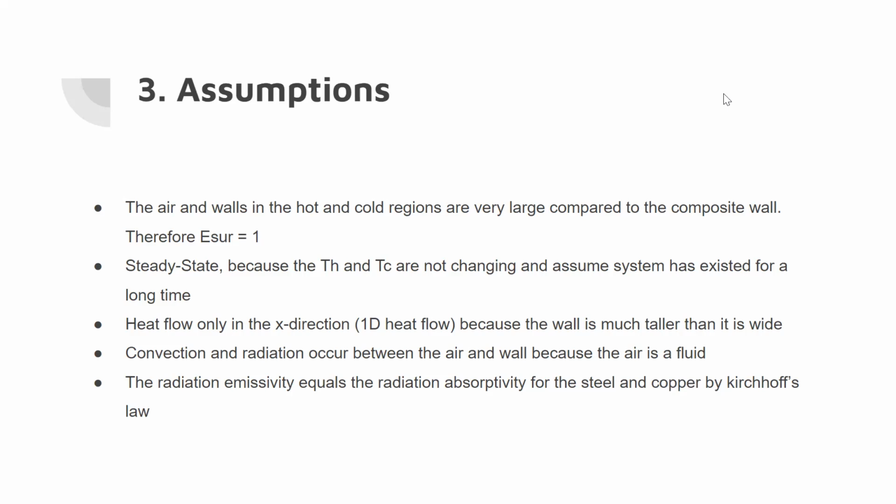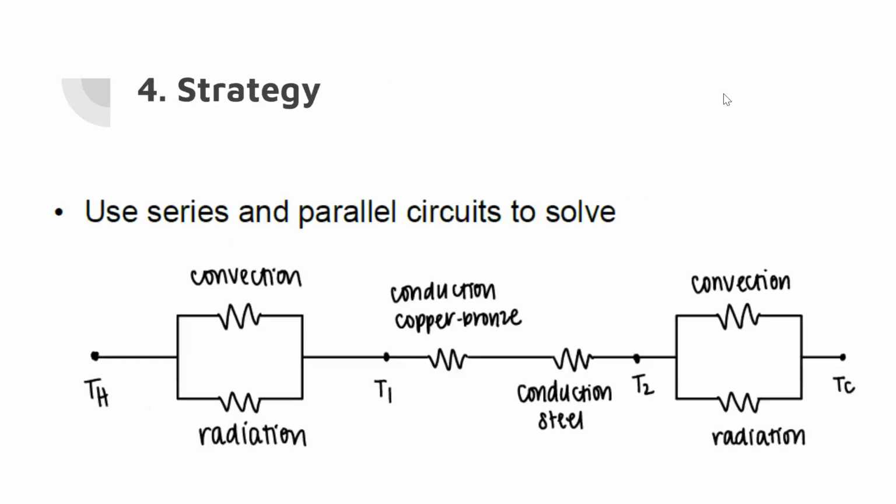The heat is only flowing in the x direction, which is why it's 1D heat flow, because the wall is much taller than it is wide. Convection and radiation occur between the air and the wall because the air is a fluid. And the radiation emissivity equals the radiation absorptivity for the steel and copper by Kirchhoff's law.